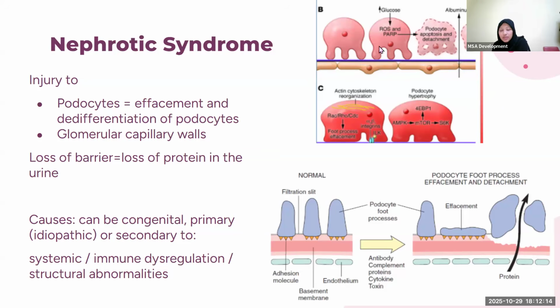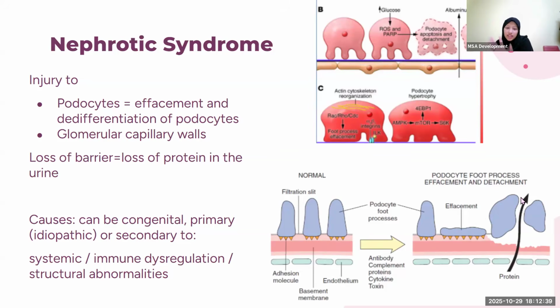If the podocytes are damaged, they will lose the foot processes and flatten, and this is called effacement. Once you have effacement, that destroys the barrier and the purpose of the filtration slits, and they are not functioning anymore as they used to. So there will be loss of proteins in the urine.